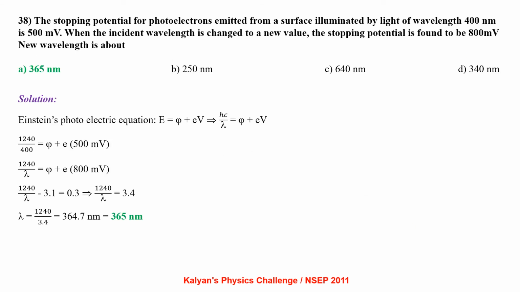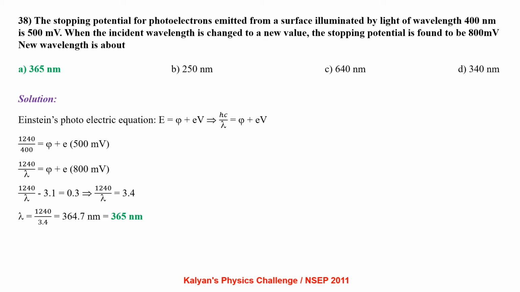The stopping potential for photoelectrons emitted from a surface illuminated by light of wavelength 400 nanometer is 500 millivolt. When the incident wavelength is changed to a new value, the stopping potential is found to be 800 millivolt. New wavelength is about? Einstein's photoelectric equation E equal to phi plus eV, that is hc by lambda equal to phi plus eV.